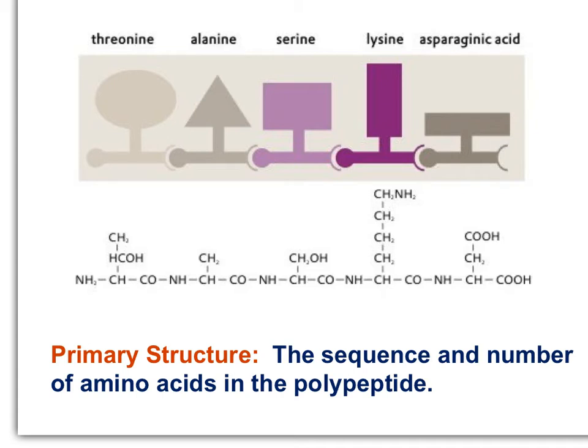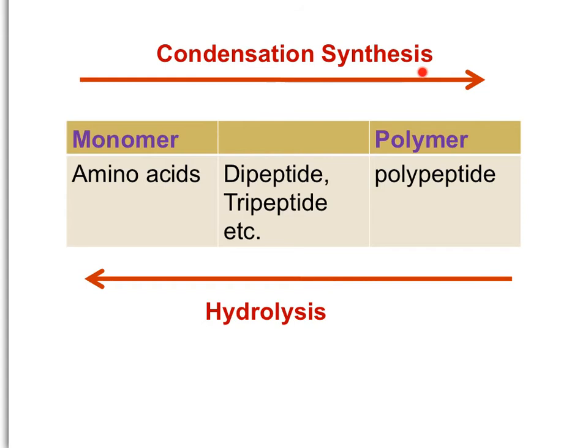Particular sequences of amino acids are made in very large numbers by cells because they have useful properties. Condensation synthesis joins amino acids into polypeptides with the removal of water. Hydrolysis breaks polypeptides into amino acids with the addition of water. Both reactions occur under the influence of enzymes.